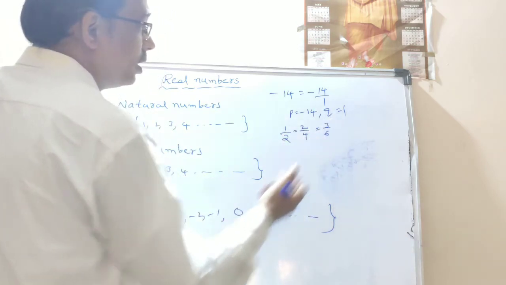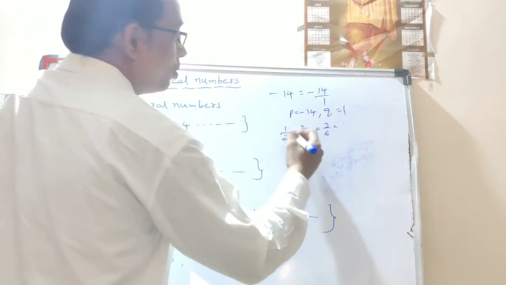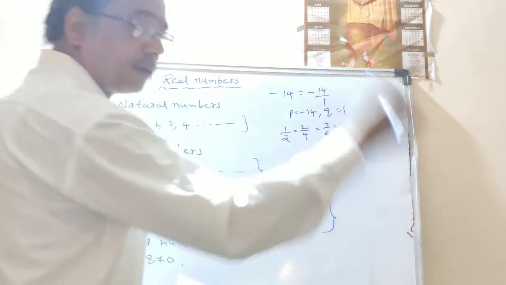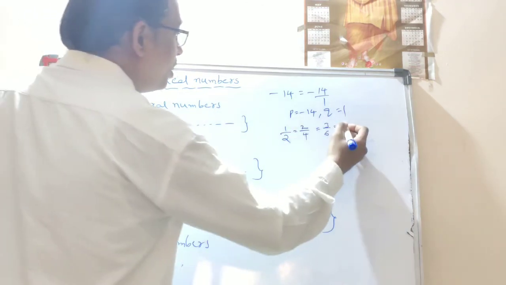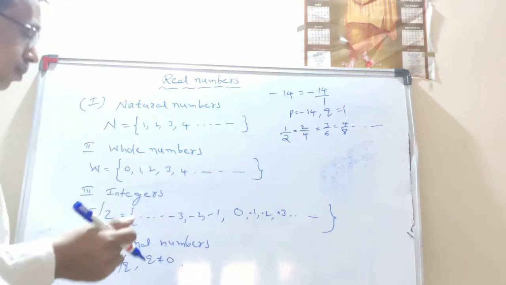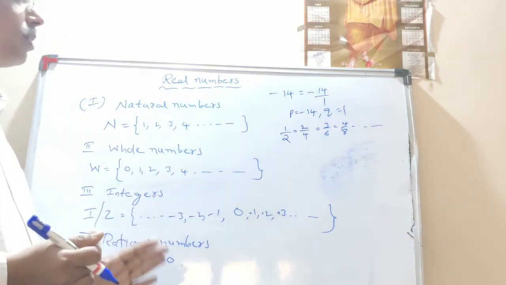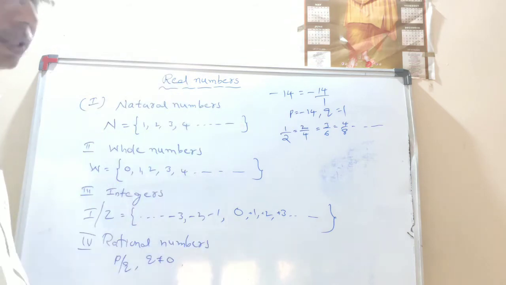Like this you can get so many numbers equivalent to 1 by 2. That means this P by Q representation is not unique. That means rational numbers do not have a unique representation.